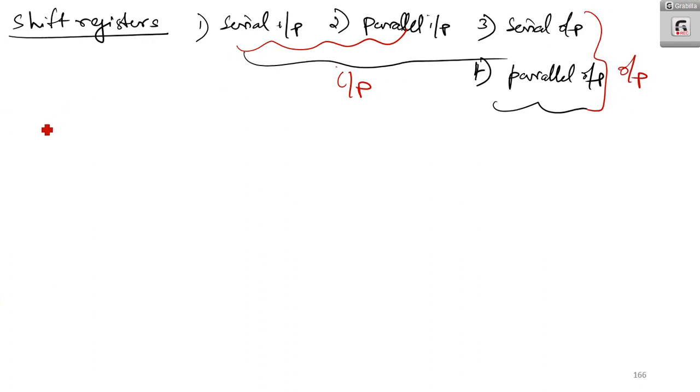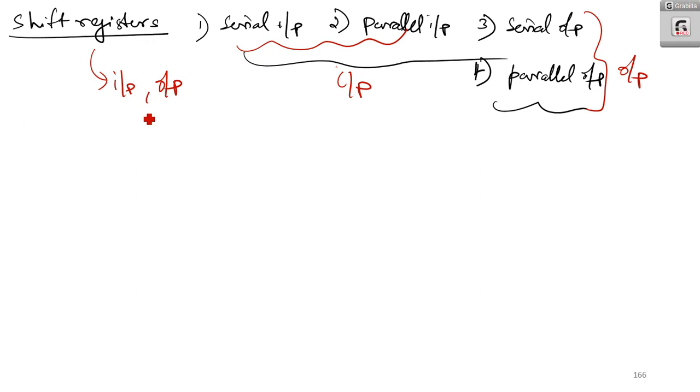For a register, there should be input as well as output. This input can be in serial form or parallel form. Similarly, output can also be in serial form or parallel form.